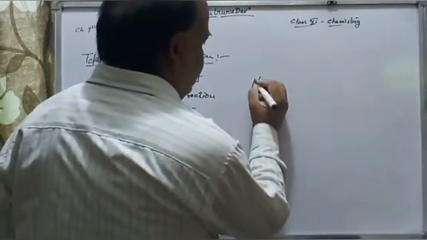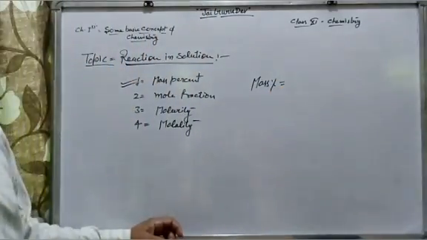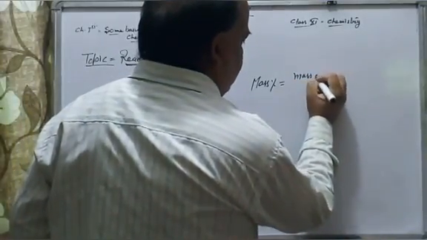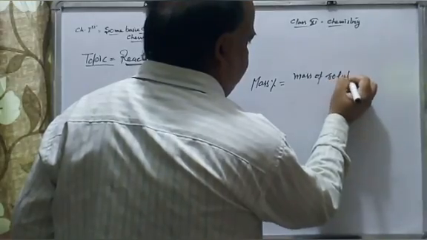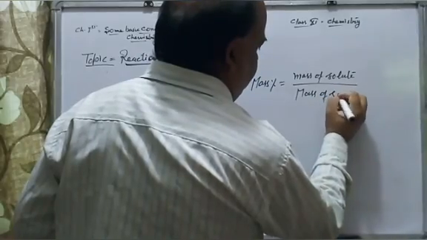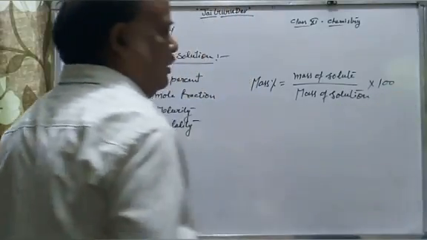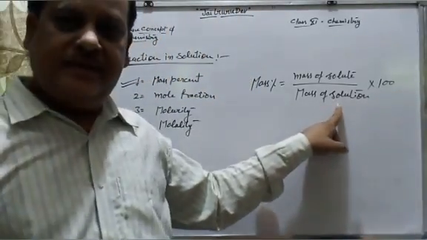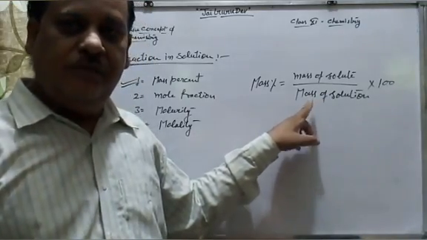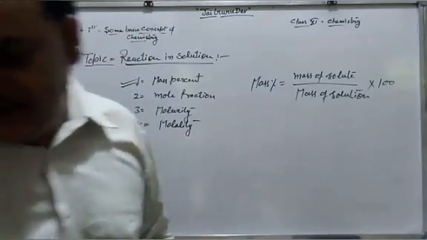Mass percent equals mass of solute upon mass of solution into 100. Solution contains solute and solvent. Solution equals solute plus solvent. We will take one example from NCERT.